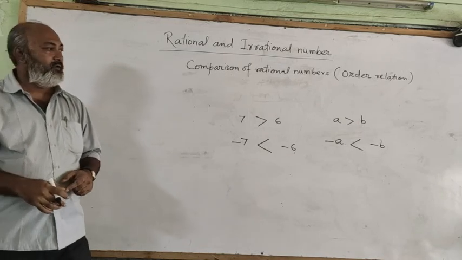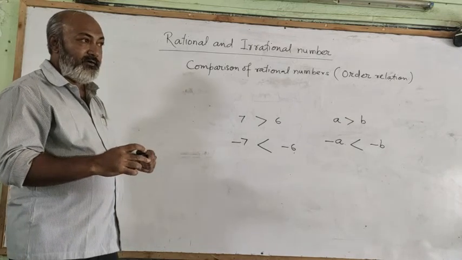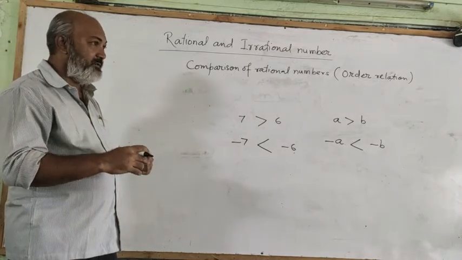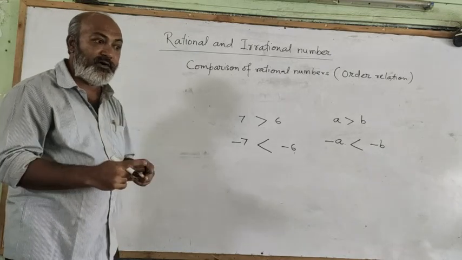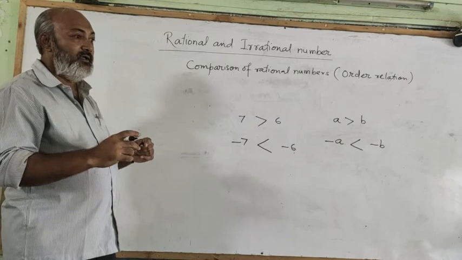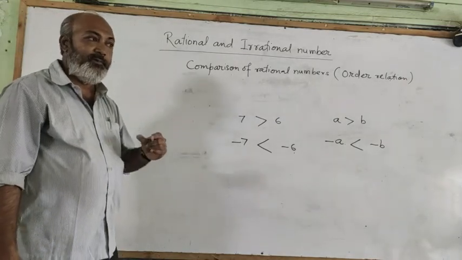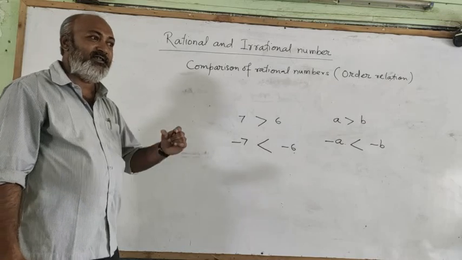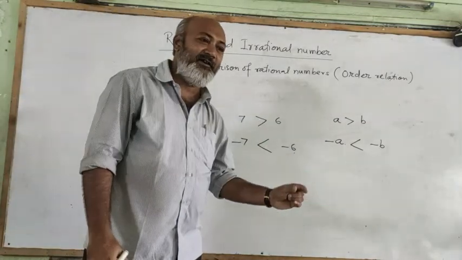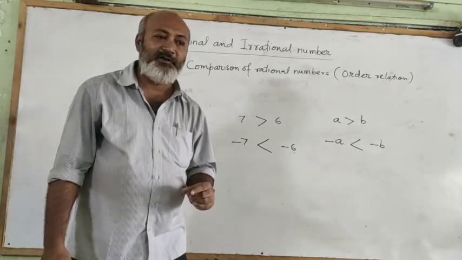So while making a comparison between two negative numbers, you have to think about the magnitude of the numbers. The bigger magnitude is lesser than the smaller magnitude.